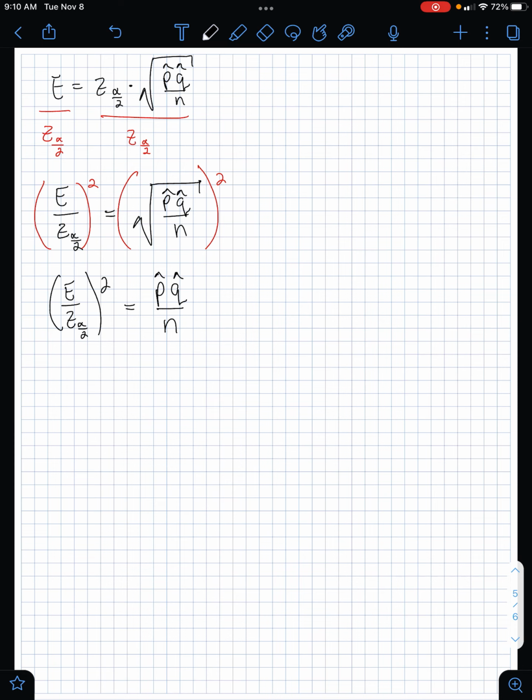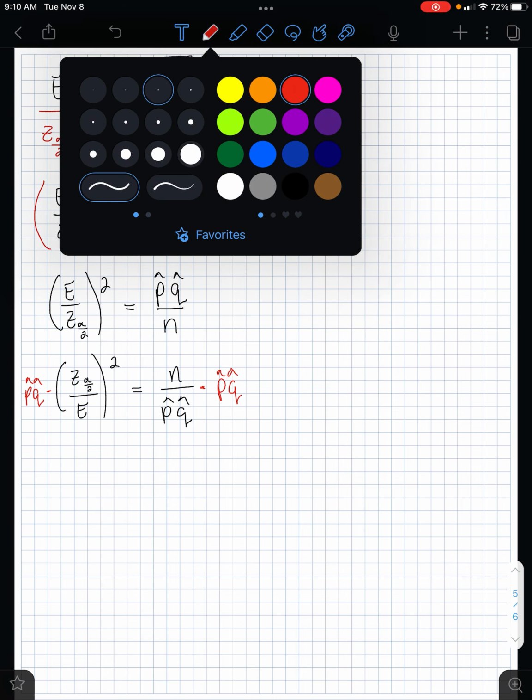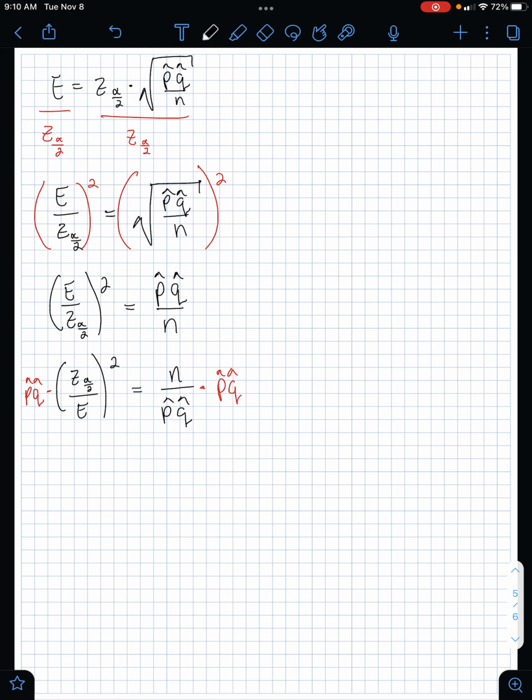To get n by itself, we actually have to flip both sides upside down. So if I flip this to put the z sub alpha over 2 on the top and the E on the bottom, and I also flip this side, then I'll be able to solve for n by simply multiplying both sides by both p hat and q hat. And I arrive at my final formula here.